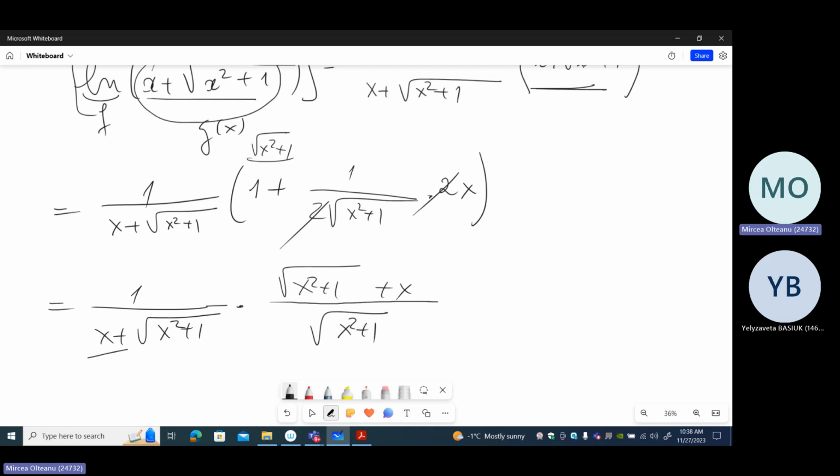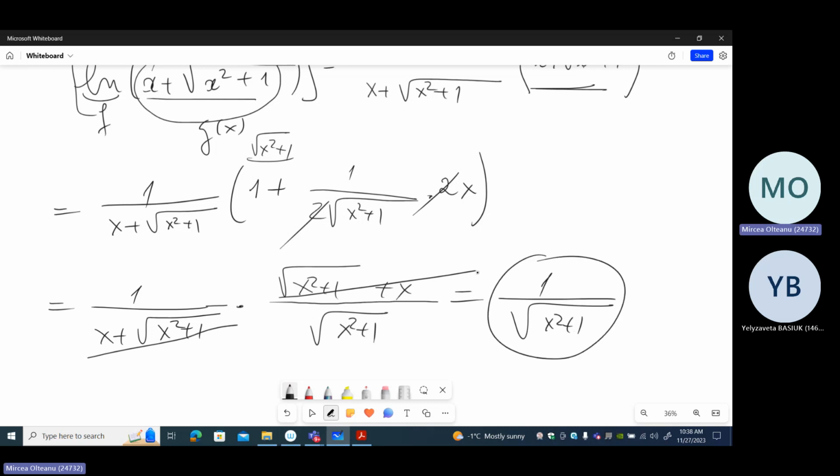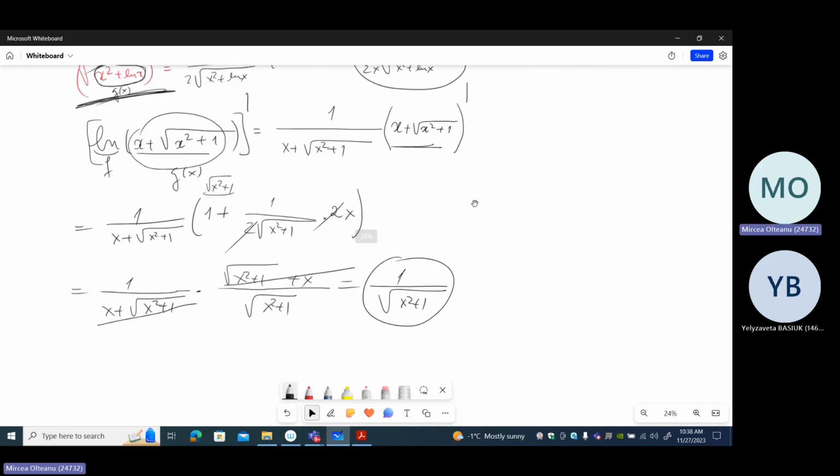And now you see a simplification. So we've got this simple result. So we proved that the derivative of the function logarithm of x plus square root of x squared plus 1 is simply 1 over root of x squared plus 1. This is a usual computation of a derivative.